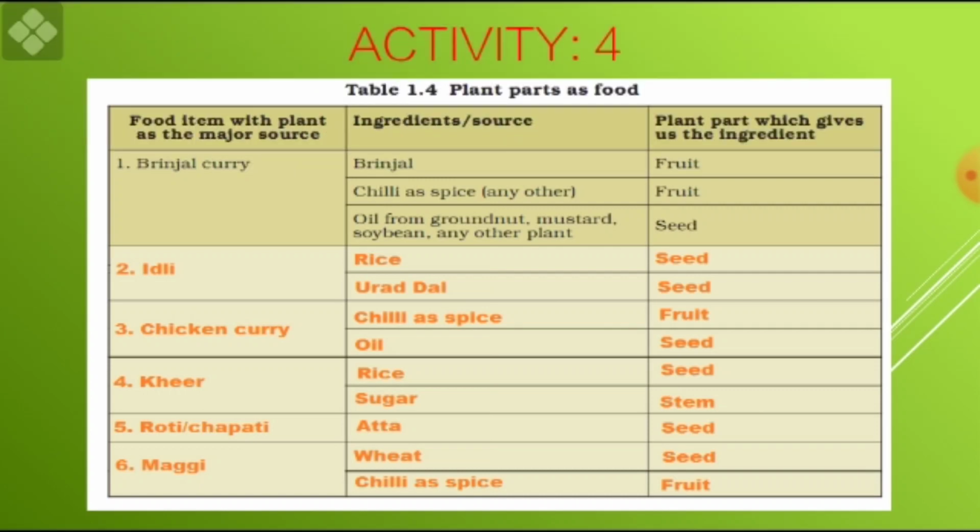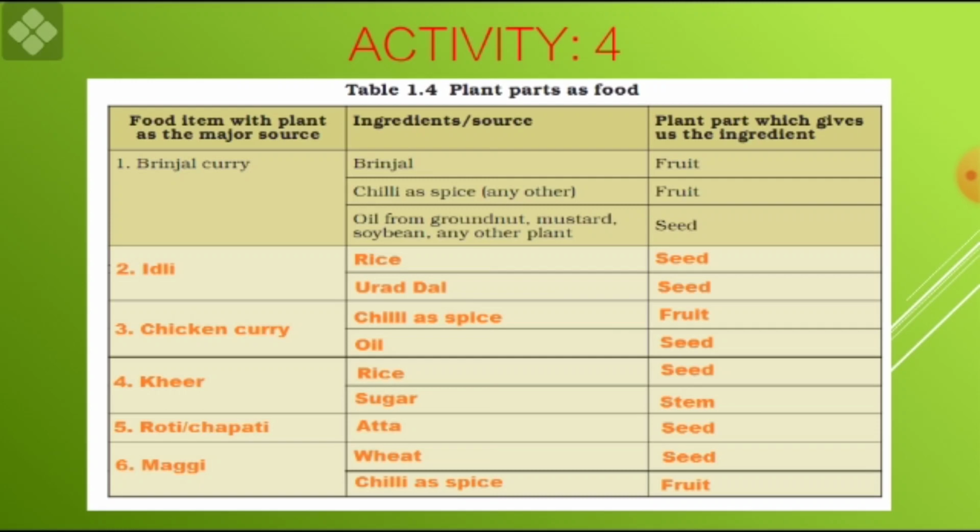Example, the brinjal curry. What are the ingredients? It is the brinjal. Which part of the plant gives us this ingredient? It is the flower. Chili as a spice, it is the fruit. The oil from groundnut, mustard, soya bean and other plants, it is the seed.